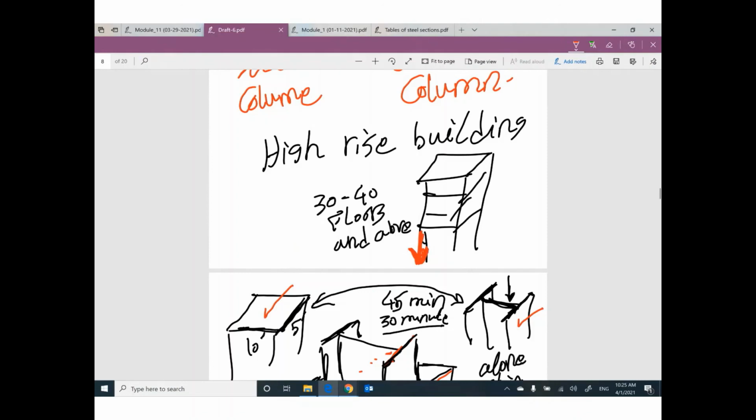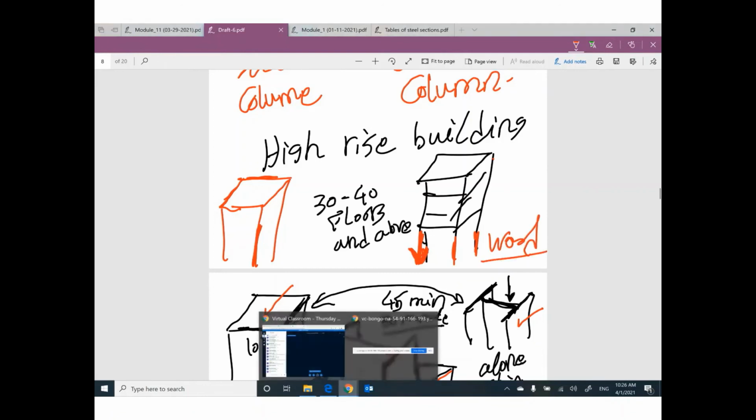So this type of column will be used in high-rise buildings if you are building more than 40 or 50 floors. If you look at the buildings in downtown Dallas, I believe these columns are composite. The high-rise buildings in Chicago, the columns of these buildings are composite columns. But if you look at the columns in your house, no, they will be from wood, not from concrete even. Does that make sense?